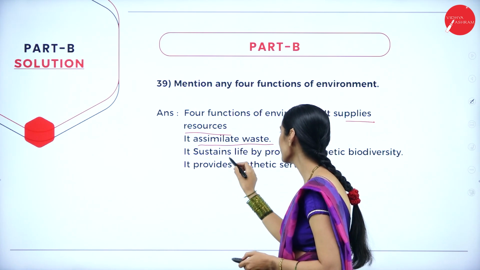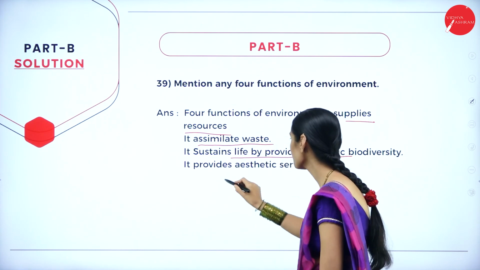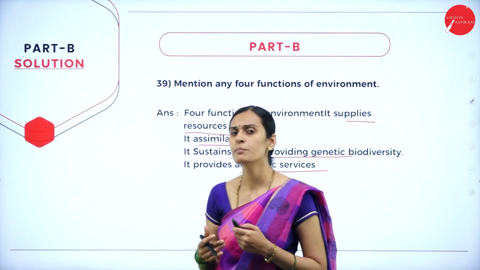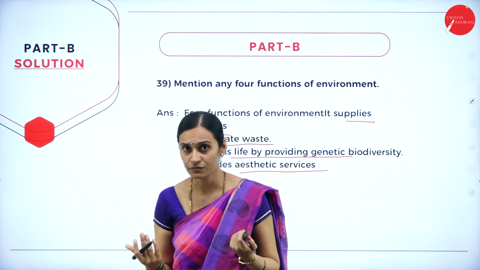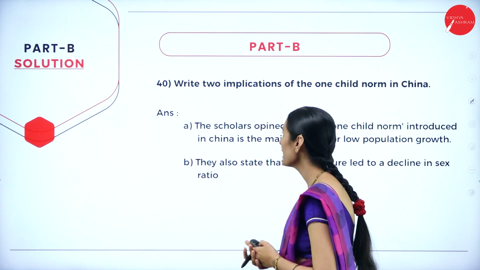Next, it sustains life by providing genetic biodiversity, and it provides aesthetic services. It gives a peaceful mentality to all of us. So these are the important functions performed by the environment.